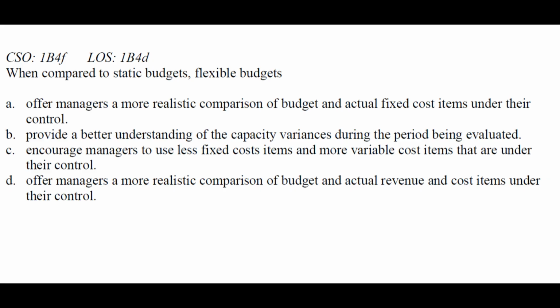Correct answer: D. Offer managers a more realistic comparison of budget and actual revenue and cost items under their control. Exam tip: because a flexible budget adjusts revenues and variable costs to actual output, it provides a more realistic comparison of budgeted and actual performance, making choice D the correct answer.